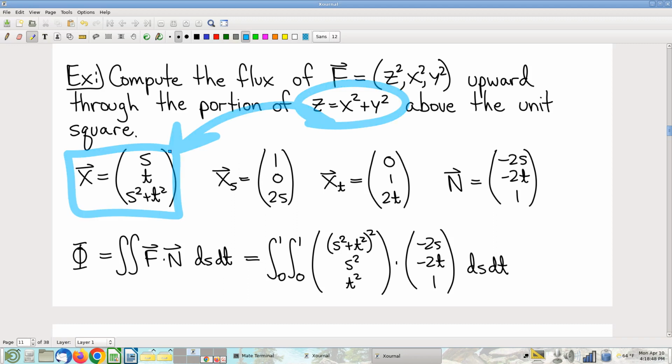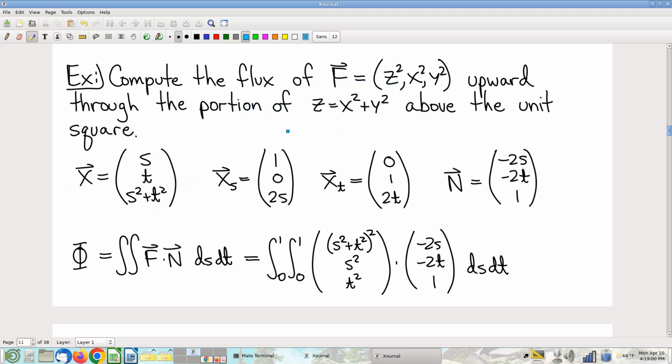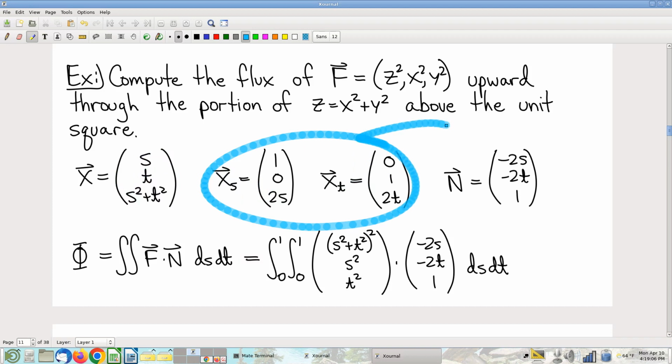All of what came out of here comes out of the parameterization. So graph parameterization, thankfully this is a graph. That's the graph parameterization. Partials, a little bit of calculus. Cross product, a little bit of algebra.